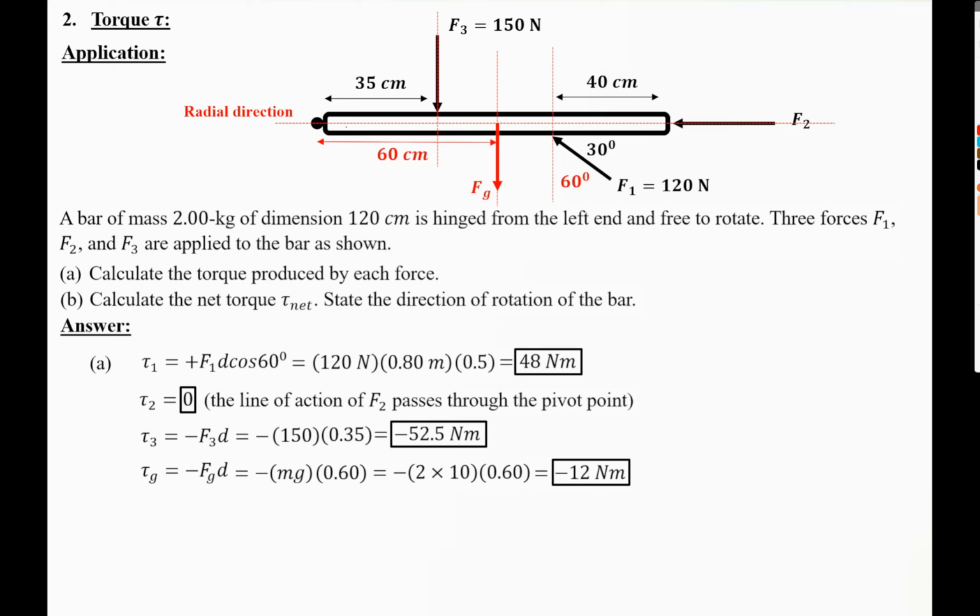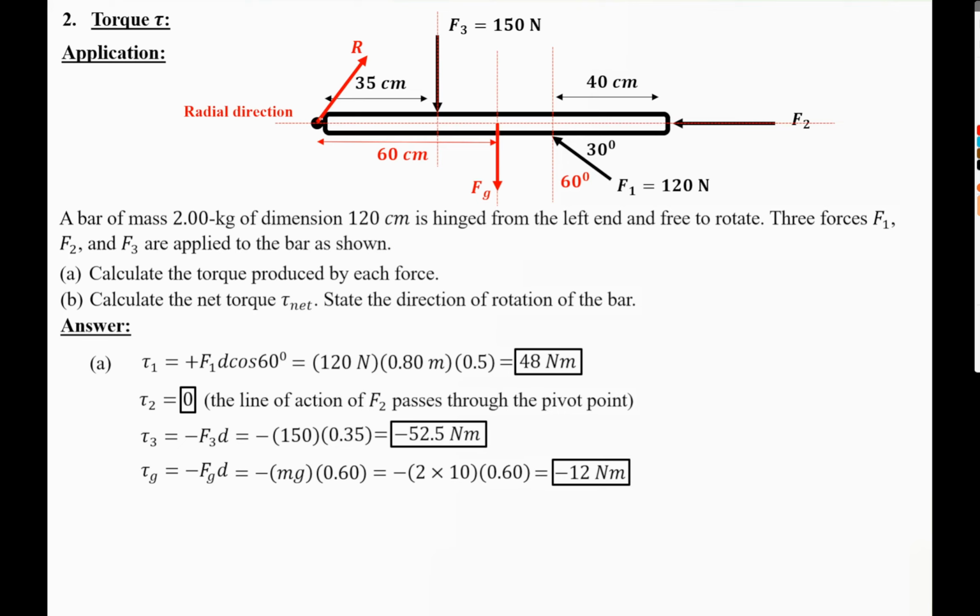Such forces, called reactions, always occur whenever two bodies are in contact. This is reasonable because whenever two bodies are in contact, there will be a force exerted by body A on body B, and a force exerted by body B on body A. Since we're interested in the forces exerted on the bar, there will be a force exerted by the pivot on the bar, and this is given by the force R.